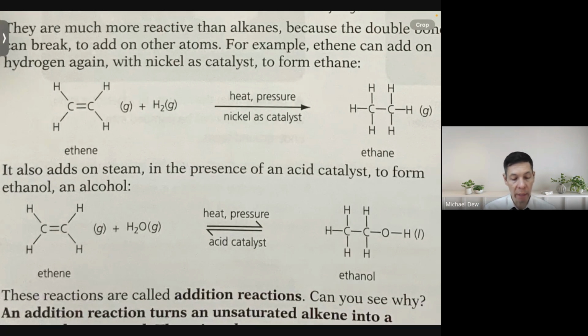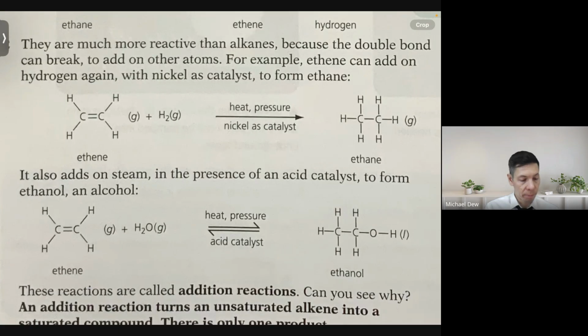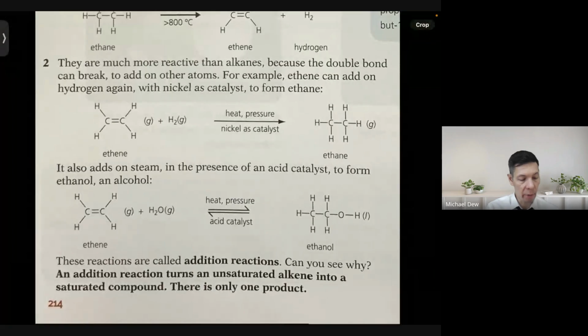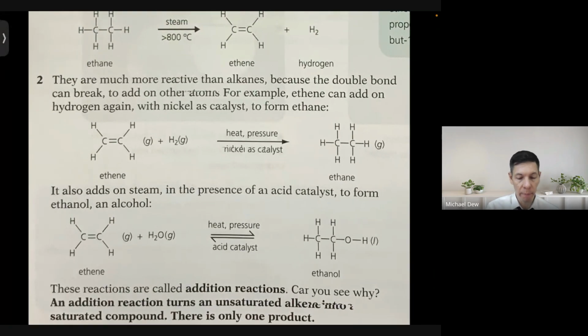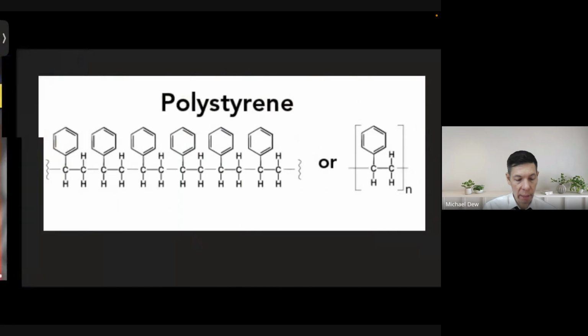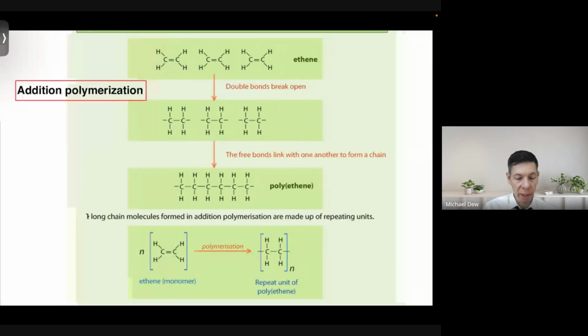It's just there, but it won't be used up. So heat and acid, for example, can turn ethene into an ethanol, or an alkene to an alcohol. So keep that in mind. This is found on page 214 in your textbook if you want to review this concept a little bit more.